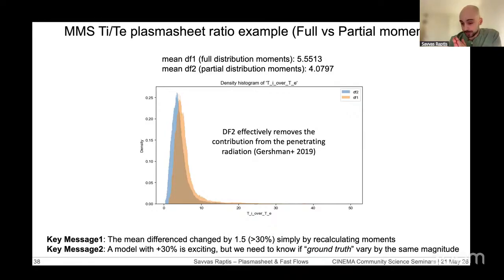That means that we can be relatively more certain, again, not fully certain, that the blue distribution is more accurate, or closer to reality, compared to the orange one. And here the main point is that this difference can be very drastic. It can be like 30%. So while I'm very happy when I have a model that is 30% more accurate, it is also a question to be made whether we want first to make our ground truth be 30% closer to reality before we do any modeling.